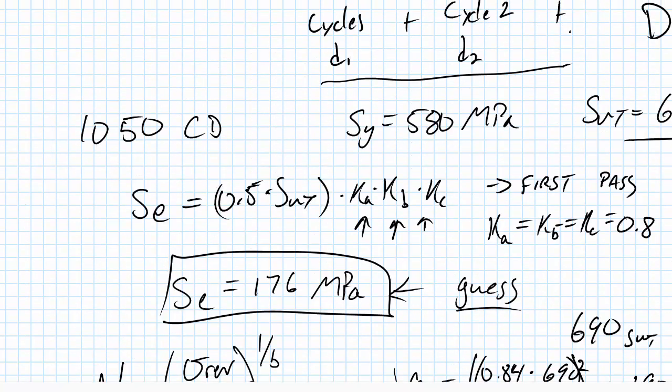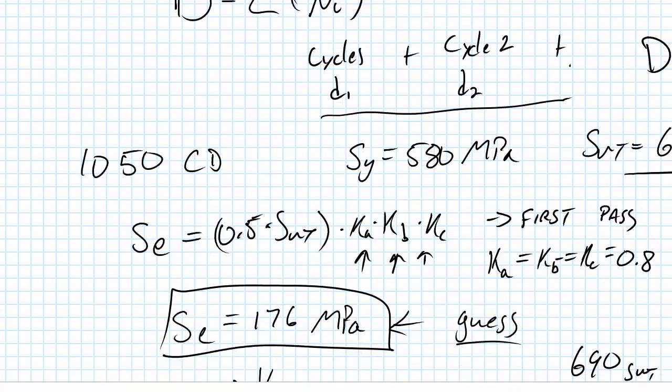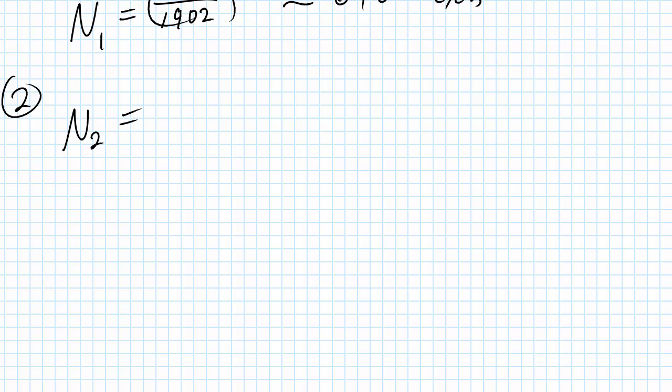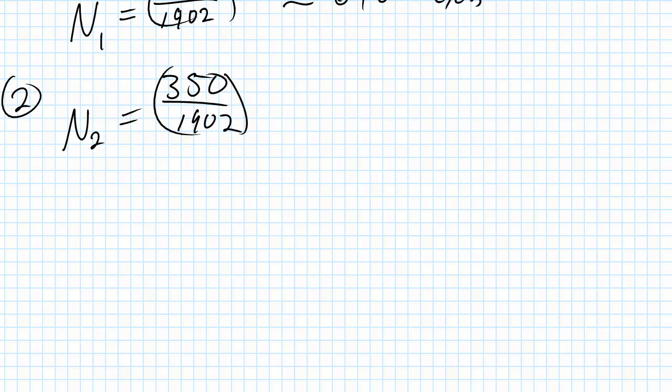All right, you can do the same thing for the second cycle that we identified. So that stress value was 350 divided by 1902 and raised to the 1 over negative 0.172. That'll be approximately 18,700 cycles.